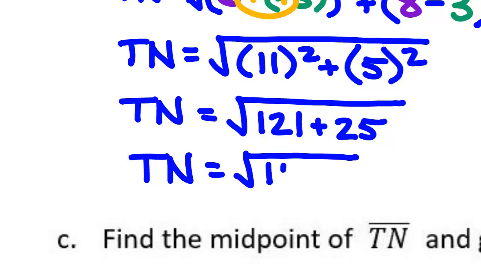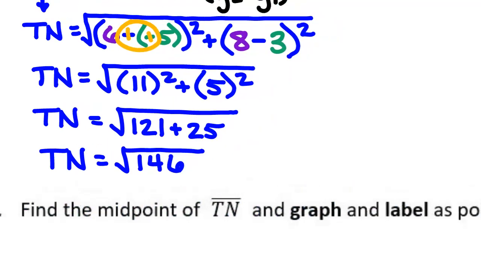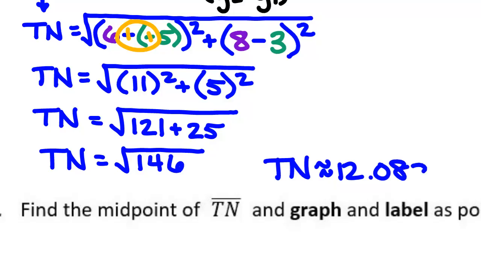Close. 146. 20 plus 20 gives me 40. And now I want to take that and change it into its decimal form. Yes. We get that Tn is about, you said 12.083.